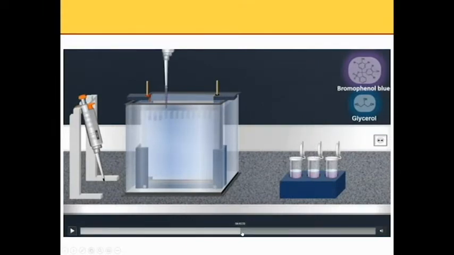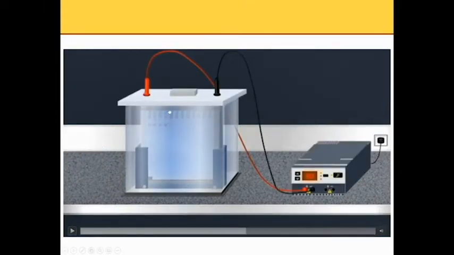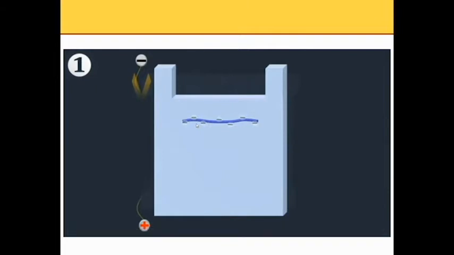All right. After you load the sample, you apply the electricity, and the sample starts migrating. During the migration, the protein will penetrate through the polyacrylamide network, and based on the size of the molecule, the smaller proteins will penetrate through the gel faster, and the larger ones slower.